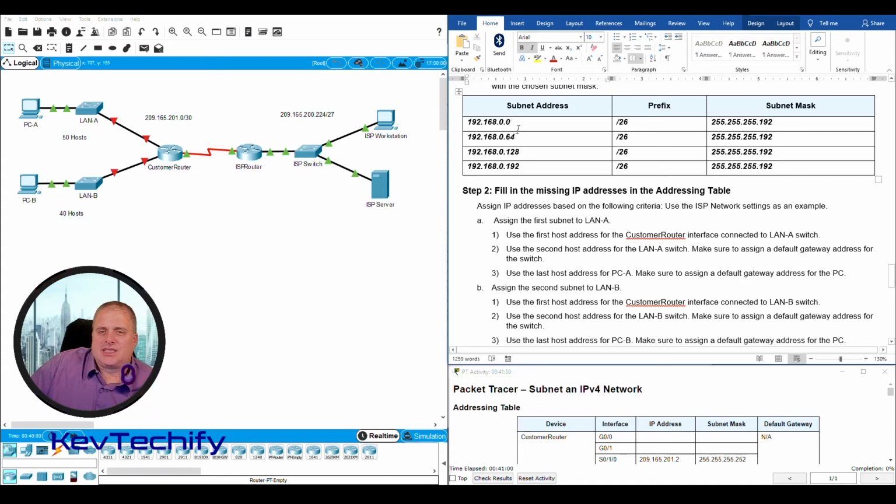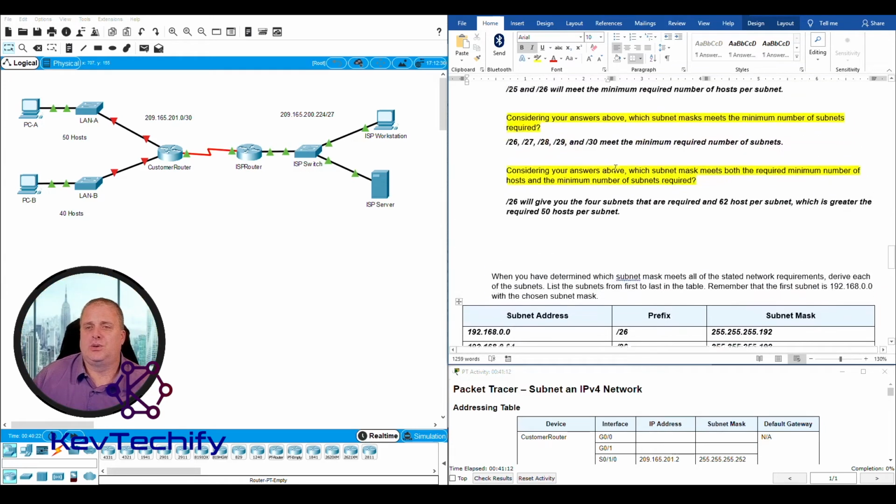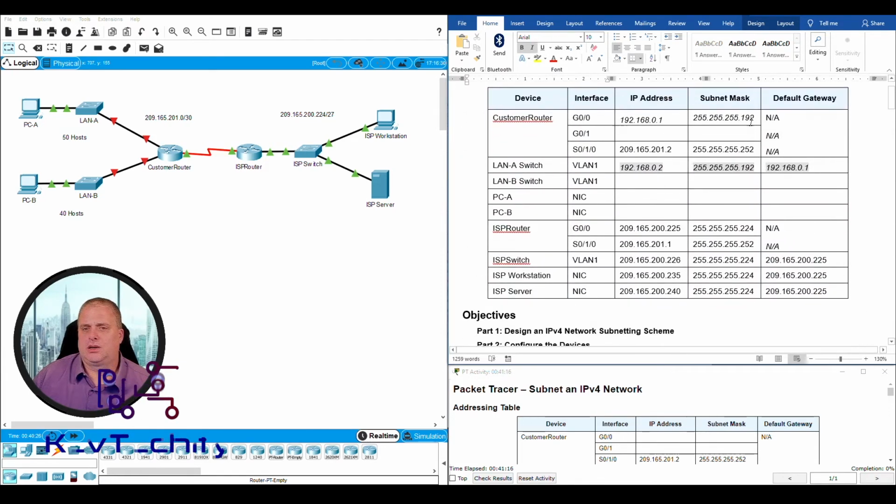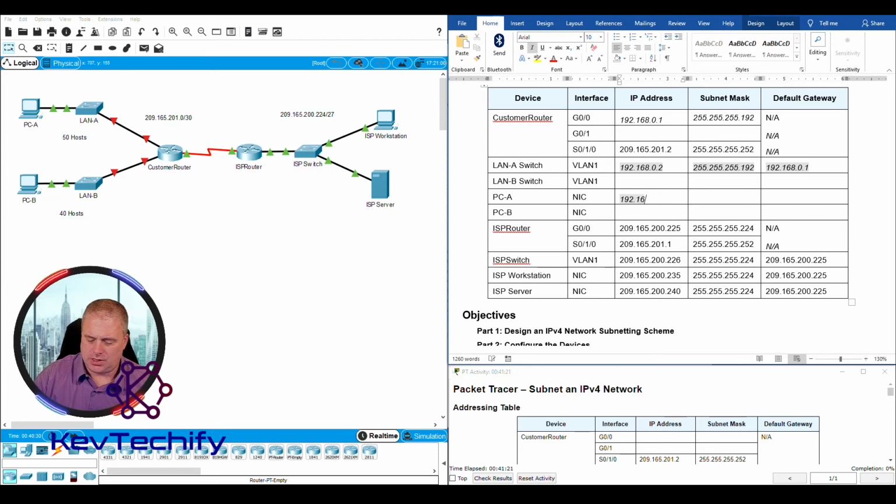That means .63 would be on this network, but once again, you can't use the last address because that's the broadcast address. The last usable would be .62. Okay, go up to our table here. PCA. Remember, .62, 192.168.0.62. Subnet mask stays the same.